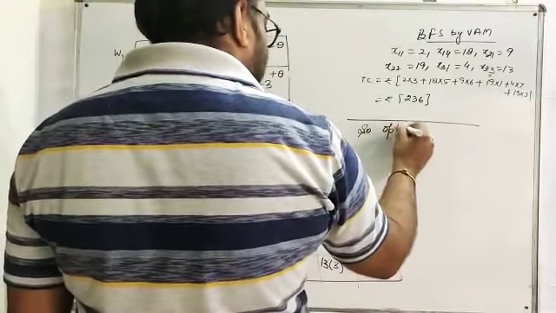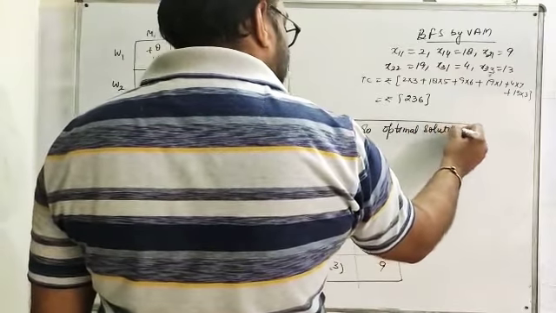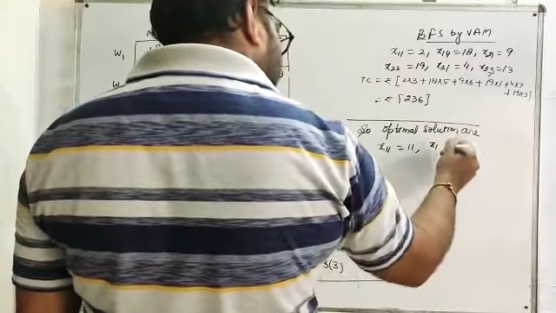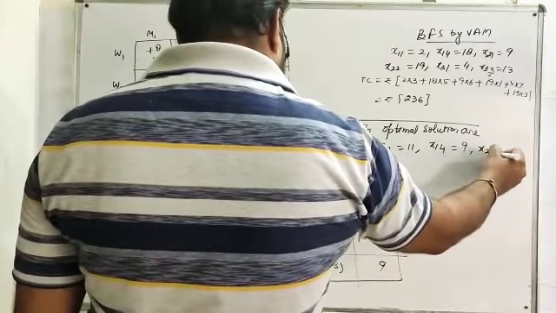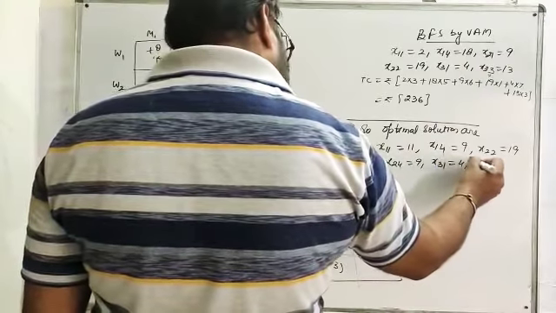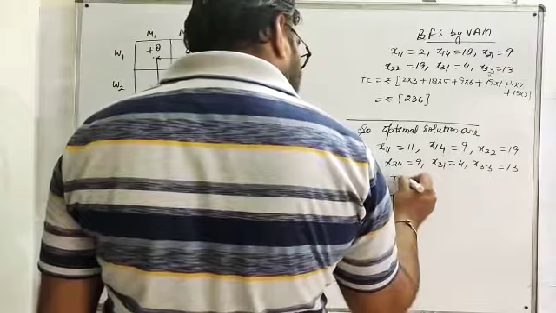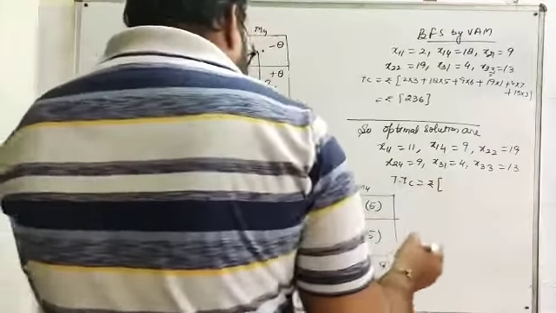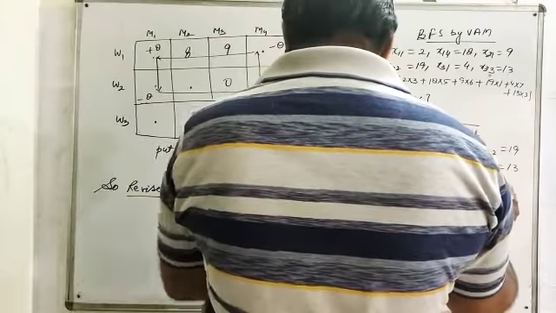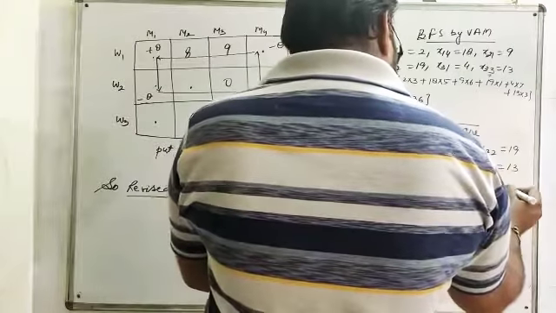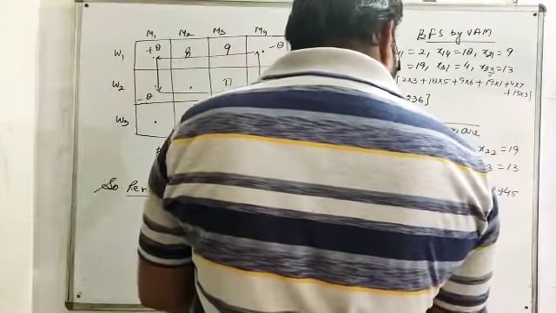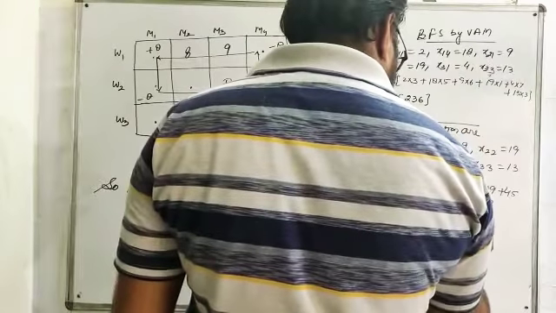So optimal solution are X11 is equals to 11, X14 is equals to 9, X22 is equals to 19, X24 is equals to 9, X31 is equals to 4, X33 is equals to 13, and total transportation cost is equals to 11 into 3, that is 33, 9 into 5, that is 45, 19 into 1, that is 19, 9 into 5, 45, 4 into 7, 28, plus 13 into 3, that is 39, which is equals to rupees 209.